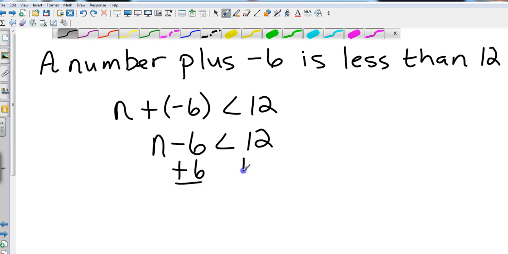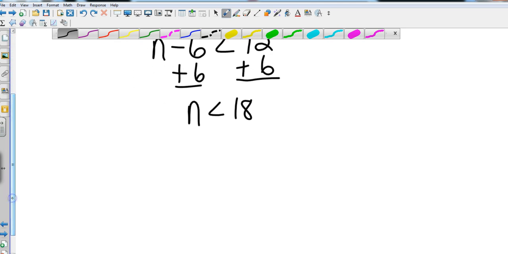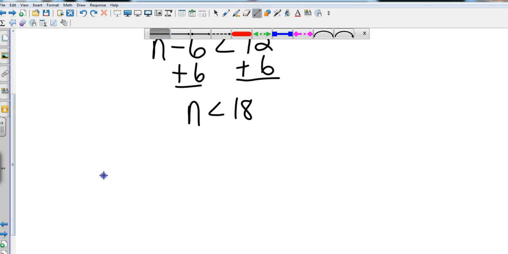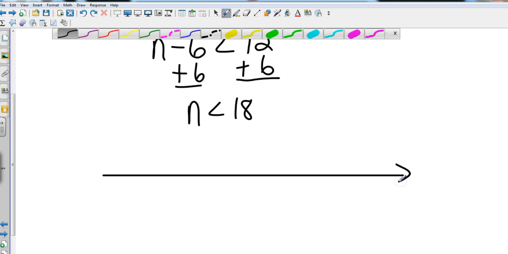Adding 6 to both sides. And that gives me n is less than 18. And so because it's less than, that would be 18, excuse me.